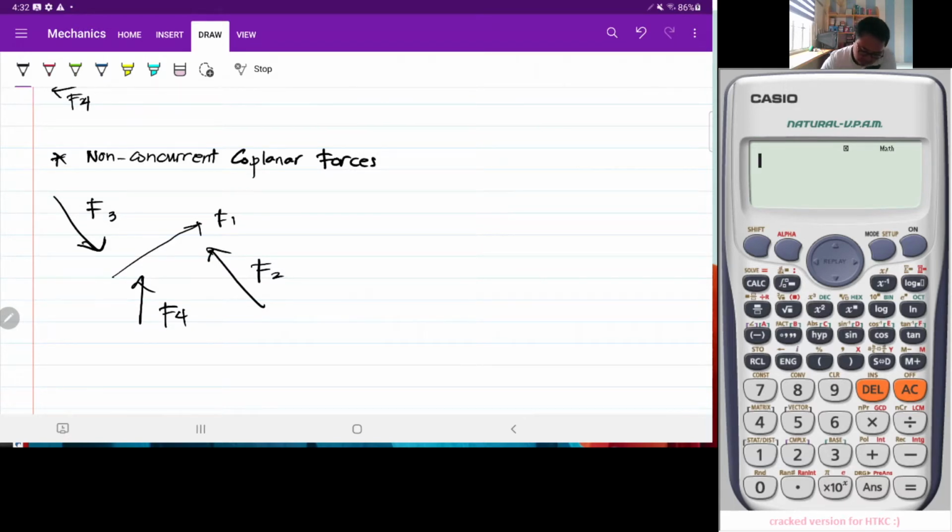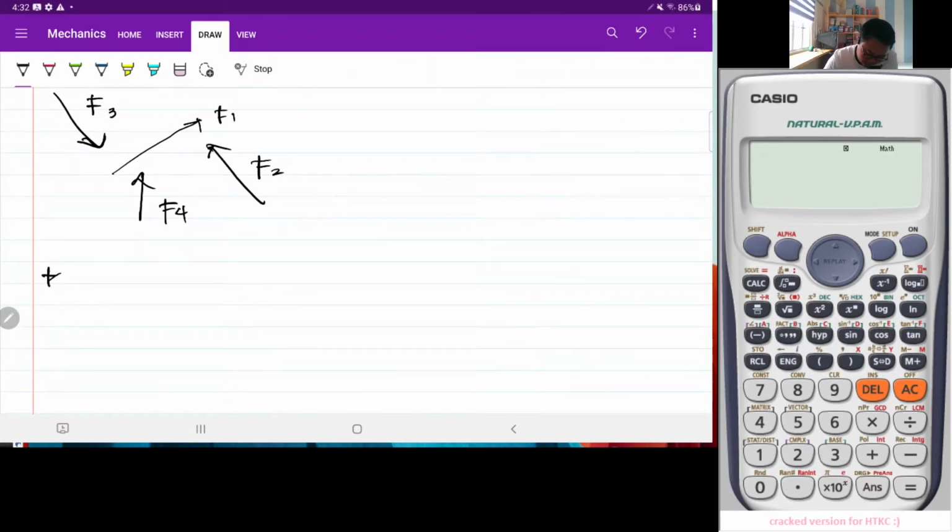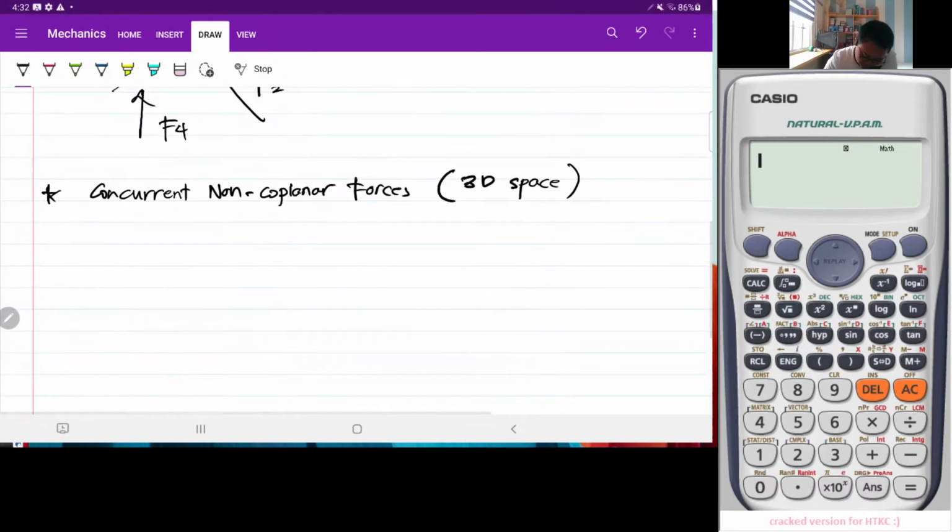Okay. So the third one is the concurrent non-coplanar forces. Okay, so this is in 3D space. For example, if you have x, you have y, and you have here z.